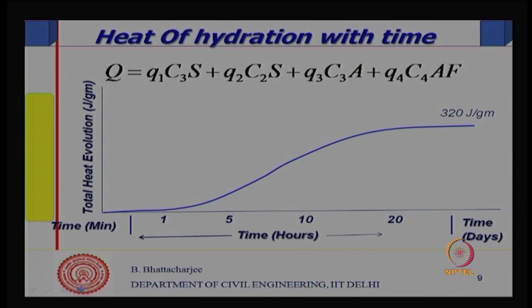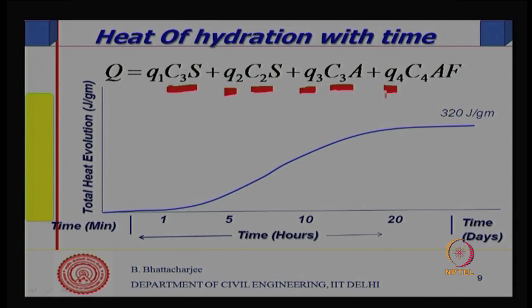Total heat, of course, you can find out from Q1, that is the heat of hydration of C3S multiplied by the amount of C3S. Q2 is the heat of hydration of C2S multiplied by the quantity of C2S per unit mass. Q3 is the heat of evolution of C3A and the amount of C3A per unit mass in the cement.